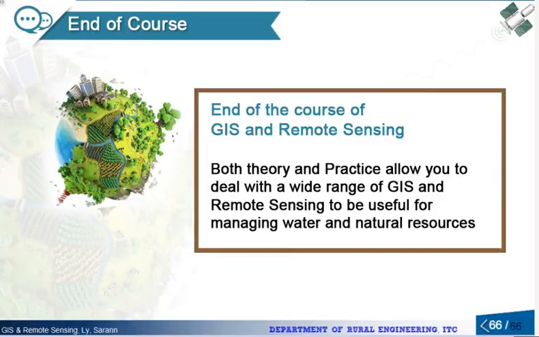Both theory and practice allow you to deal with a wide range of GIS and remote sensing applications to be useful for managing water resources or natural resources, as you are going to be a water resource engineer. So GIS and remote sensing is a tool for you to solve problems related to water and natural resources.